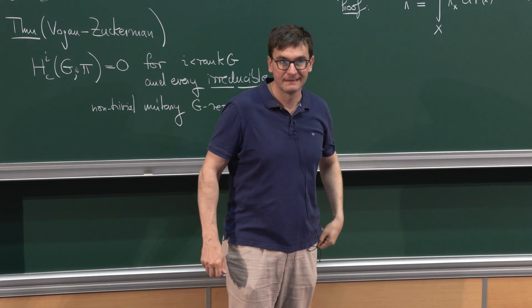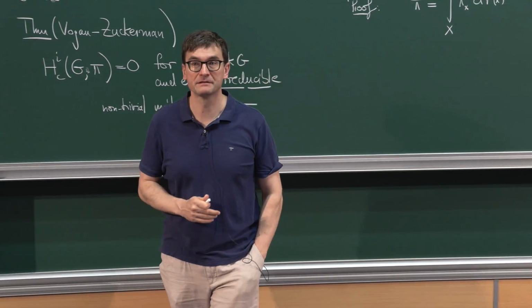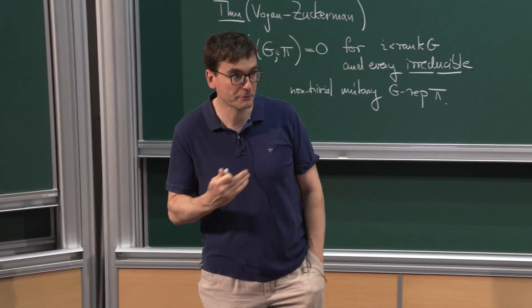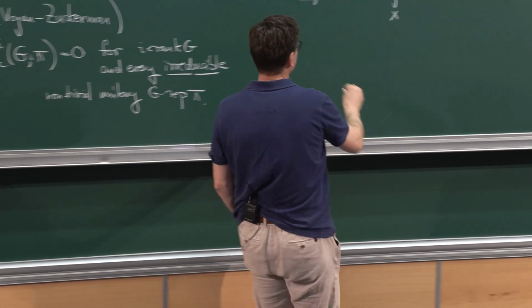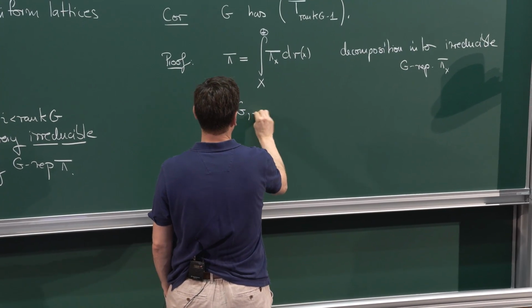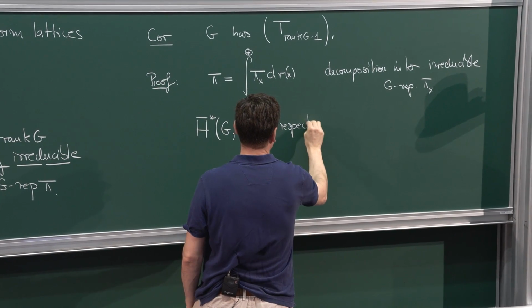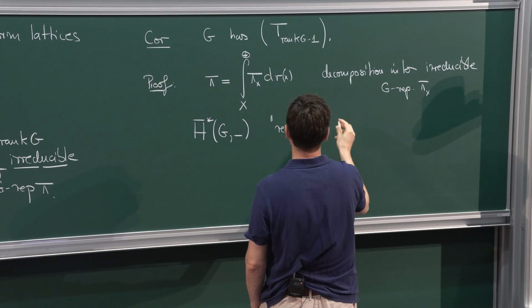But what does respect this kind of integral decomposition, at least the vanishing, is the reduced cohomology. So, in quotation marks, respects, at least you can read off the vanishing.